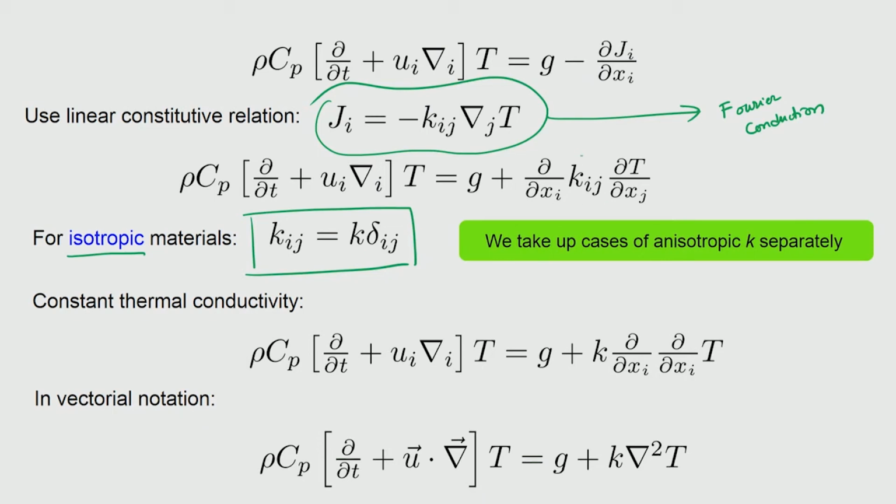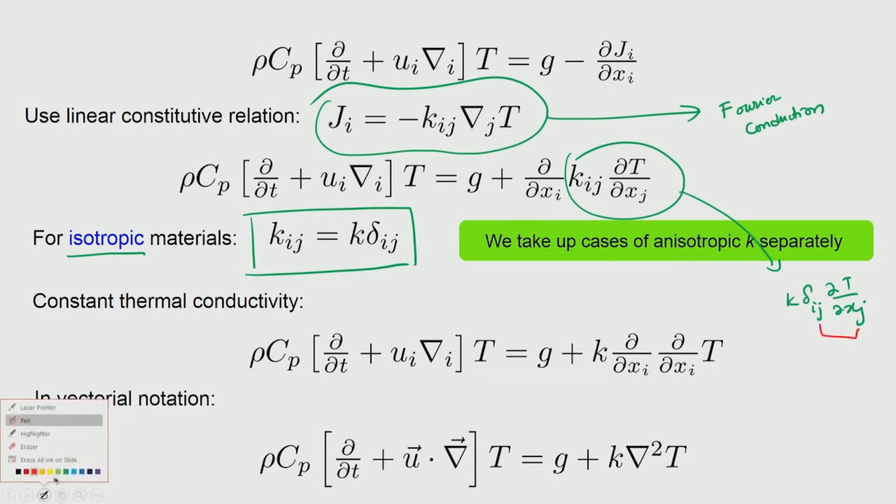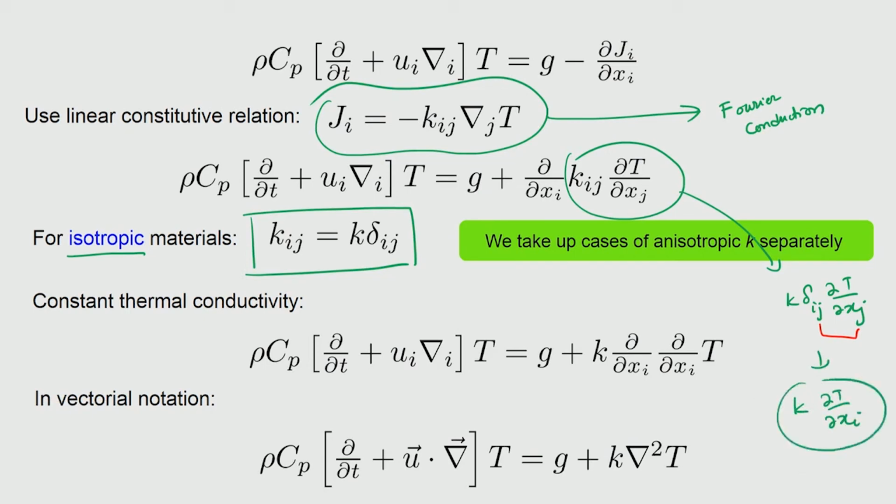Look at this expression: k delta ij and then dou T by dou xj. We know the principle that whenever the Kronecker delta appears, for the matching index you can manipulate, and this can be written as k dou T by dou xi. So this is what we have written, and that goes here.